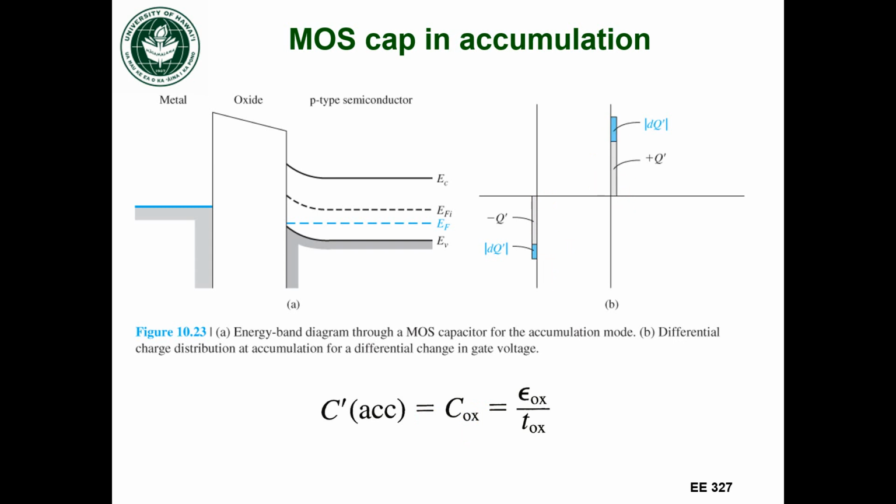So just like a parallel plate. And the separation between the two parallel plates is the thickness of the oxide, Tox. And in your parallel plate capacitor equation you should have an A over here, but we're normalizing by area, so that goes away.